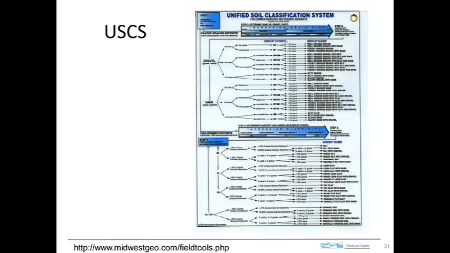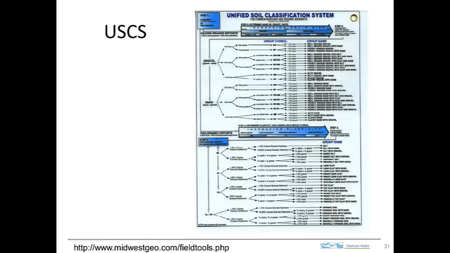The laminated sheet that I showed you earlier, on the flip side of that, it has the USCS soil classification scheme, and it's hard to read here, but this is going to kind of walk you through decisions on which one of these symbols should be used.